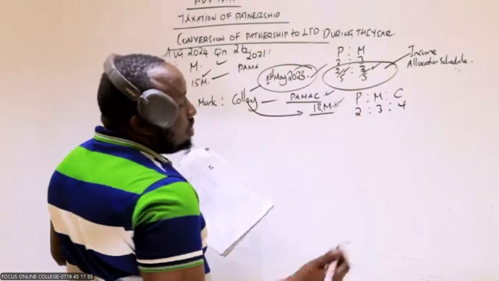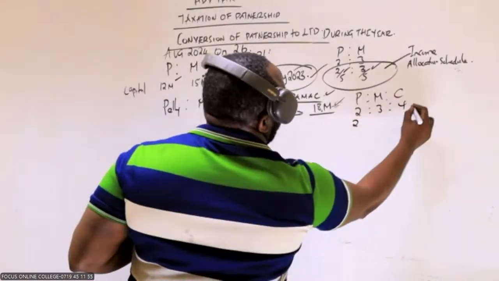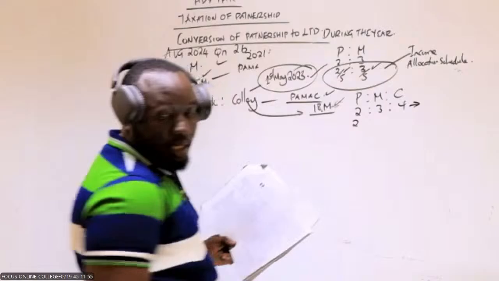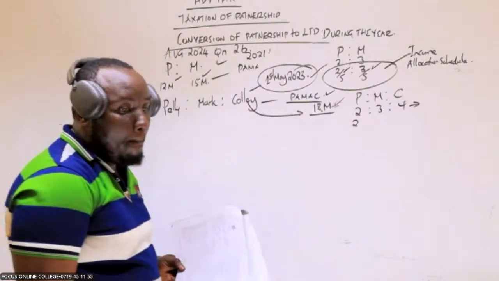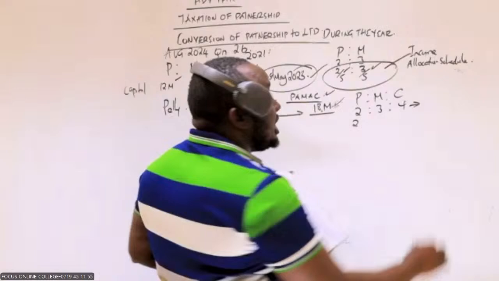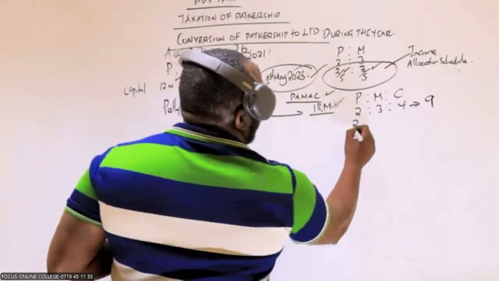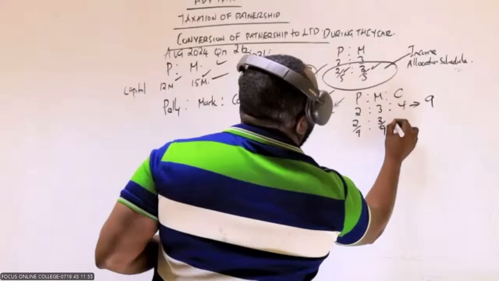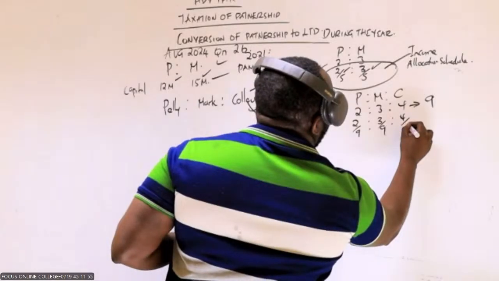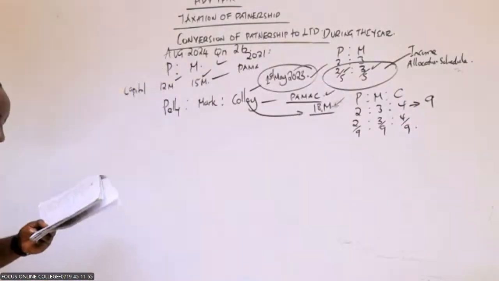So what was Peli getting? What is the total ratio? The total ratio is 9. So now Peli gets 2/9, Mark gets 3/9, and Colney gets 4/9. That should be very clear.